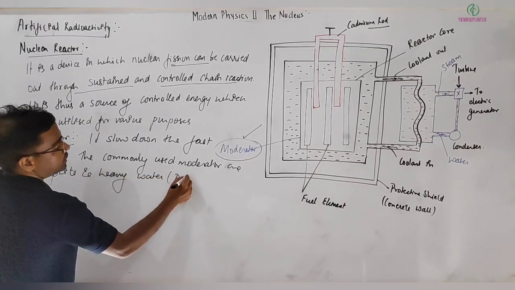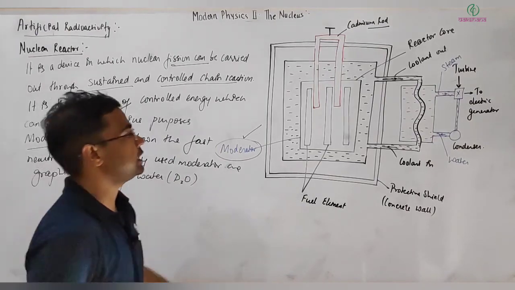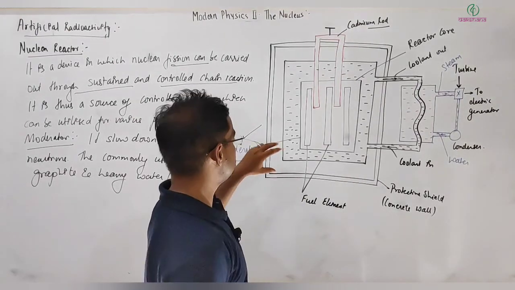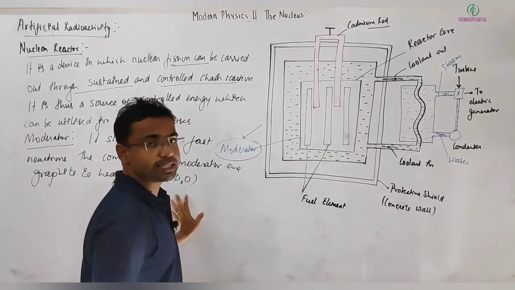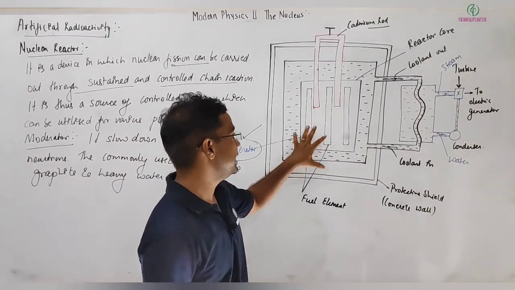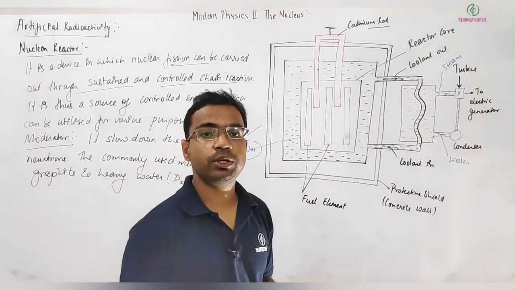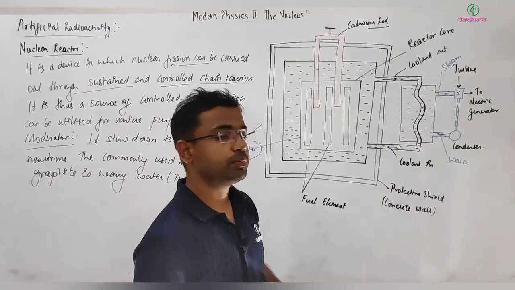Heavy water, D2O. So D2O and graphite are used as moderators. Those fast neutrons collide with these and become slow. Then these slow neutrons can be utilized for the further fission process.